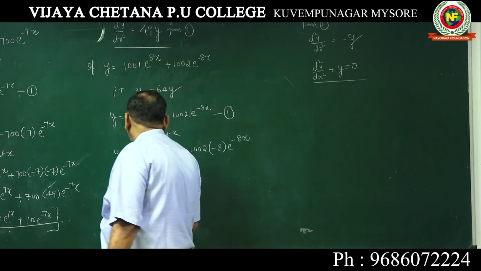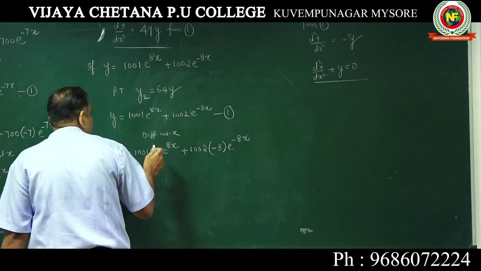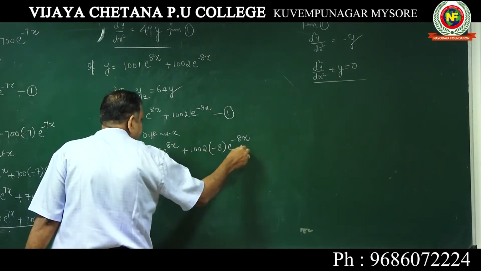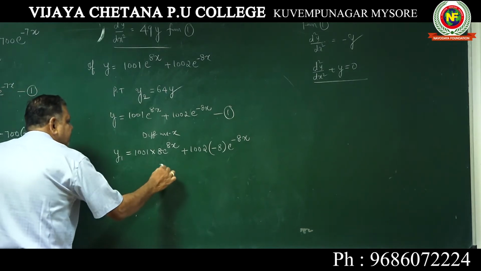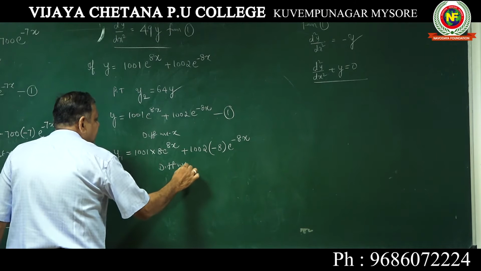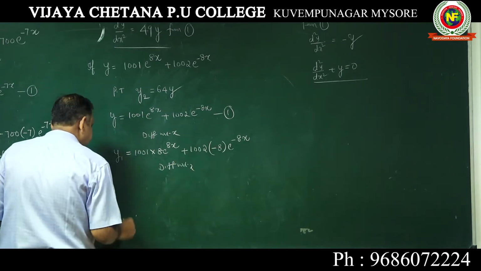So 1001 8 e to the power of 8x, 1002 minus 8 e to the power of minus 8x. Now again differentiate with respect to x. Understood?